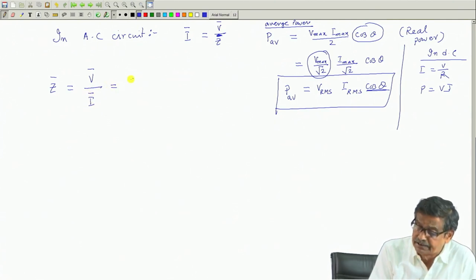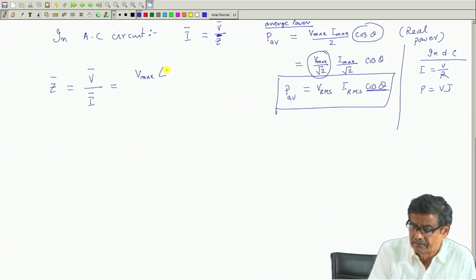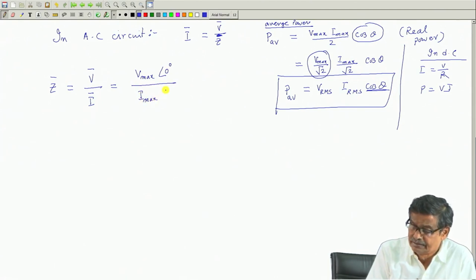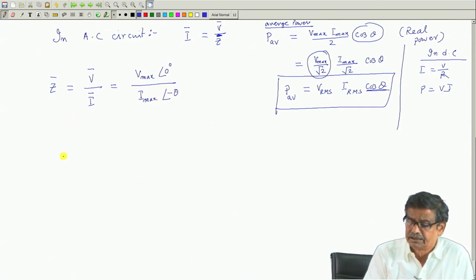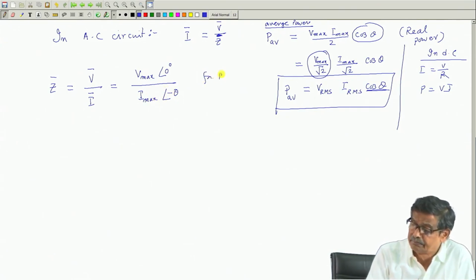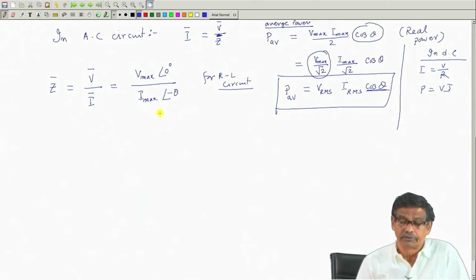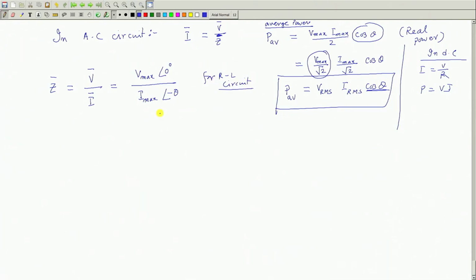And these voltage phasors I defined in terms of maximum values, say V max angle 0, and the current phasor I wrote like this: I max angle minus theta, for the RL circuit. That is, the phasors were represented by the peak values.